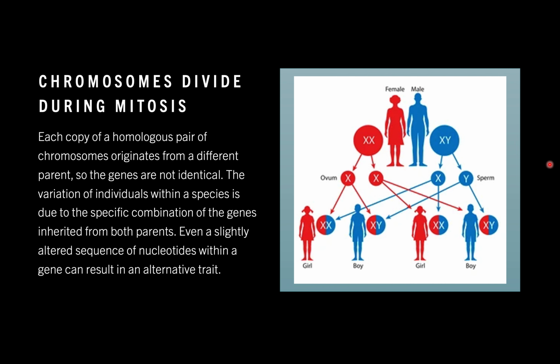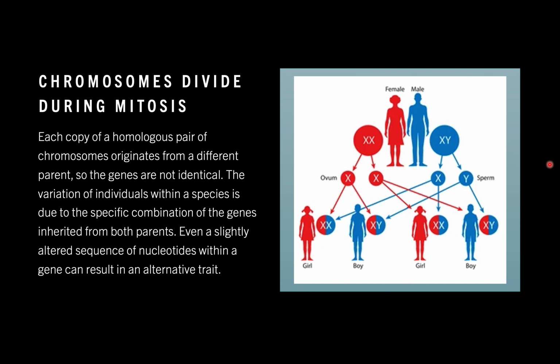So we have different genes than our best friend, different genes than our cousins, different genes even than our siblings, sometimes even more than our twins. Even a slightly altered sequence of nucleotides within a gene can result in an alternative trait.